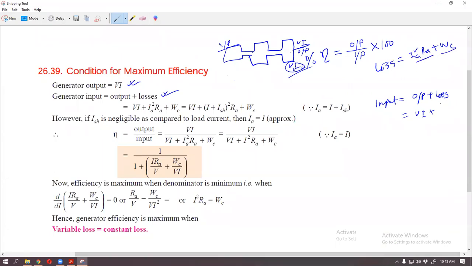So we use this Ia square Ra plus WC. Clear? And you know that Ia, this is your generation.